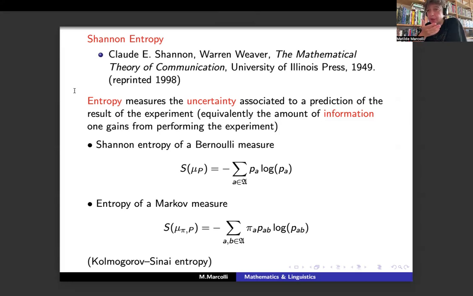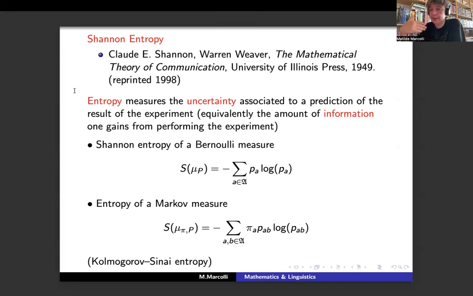If you have a Bernoulli measure, all you can extract as an amount of information is whether the probabilities assigned to the different letters of the alphabet are different, and by how much. If all the probability is concentrated in a single letter, there's no ambiguity, there's no uncertainty. All the strings will just be constant strings in a given letter.